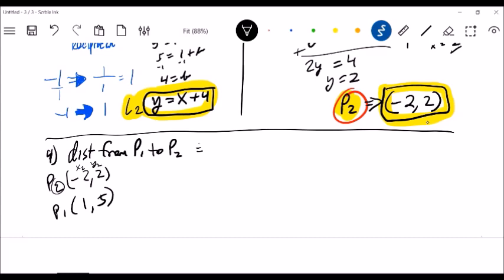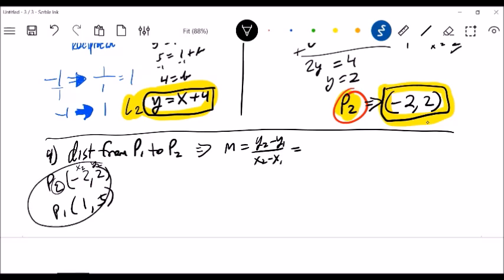And so what we're going to do is find the normal things. Let's first find the slope. That means y minus y over x minus x. I'm going to write out y2 minus y1, x2 minus x1.